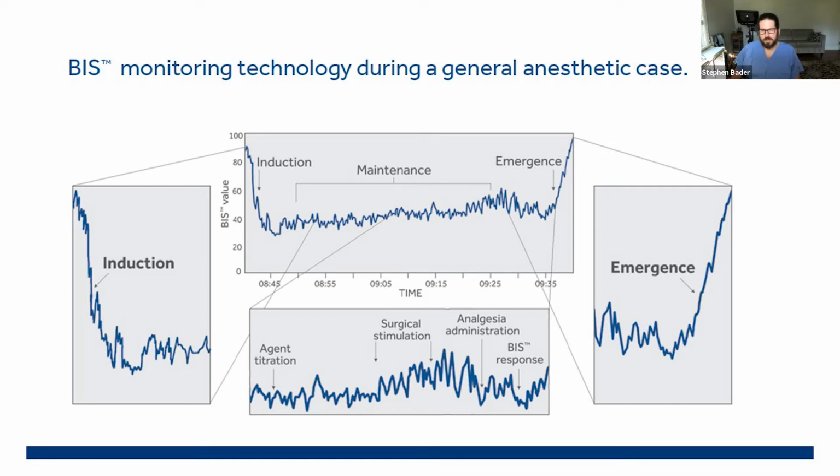We get things started at the beginning, there's a lot of excitement, and then you get into the maintenance phase where really your job is to try and keep everything the same while the surgery is ongoing. In a 3 or 4 hour procedure, you may have 3.5 hours where your whole goal is to keep the patient at that same level of hypnosis, even though there will be changes in surgical stimulation depending on what they're doing.